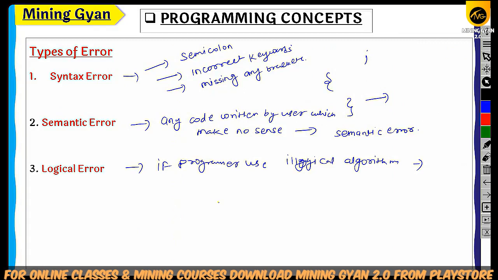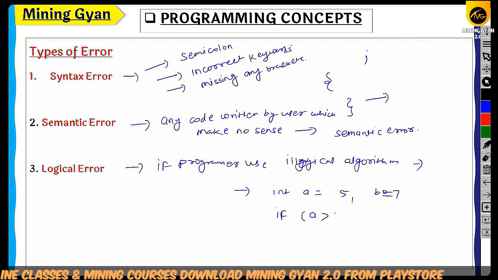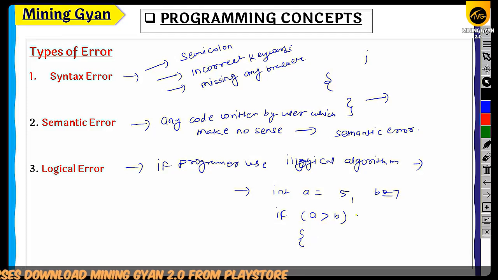That means, for example, in C++ if you take integer a equals 5 and b equals 7, and then apply a condition like a greater than b, there is no sense of logic to a greater than b, because a is 5 and b is 7.